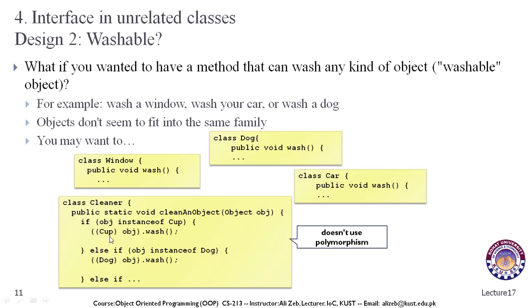Maybe we can use typecasting, where we try to convert an object of one class into another class and then call the wash method of the cup class on that object, as we are doing here. So we have a situation where we have completely different classes, and all of those classes are trying to call and use the same wash method.